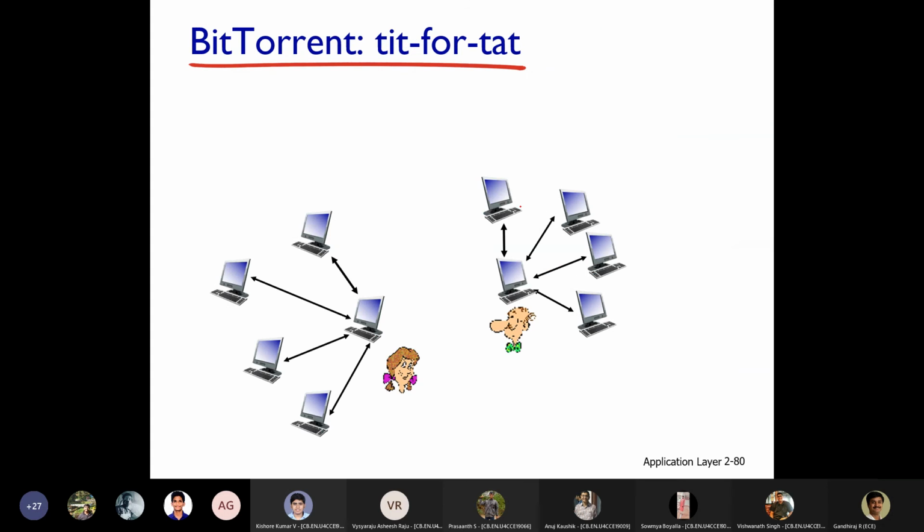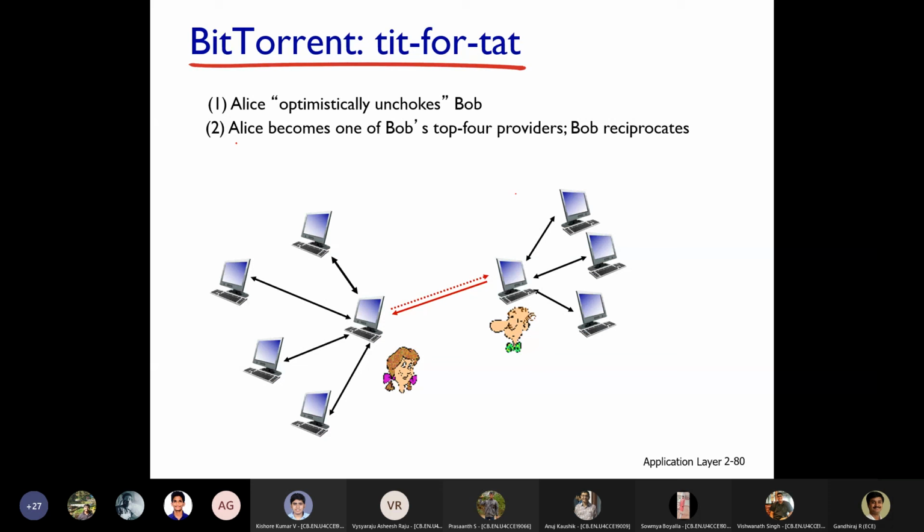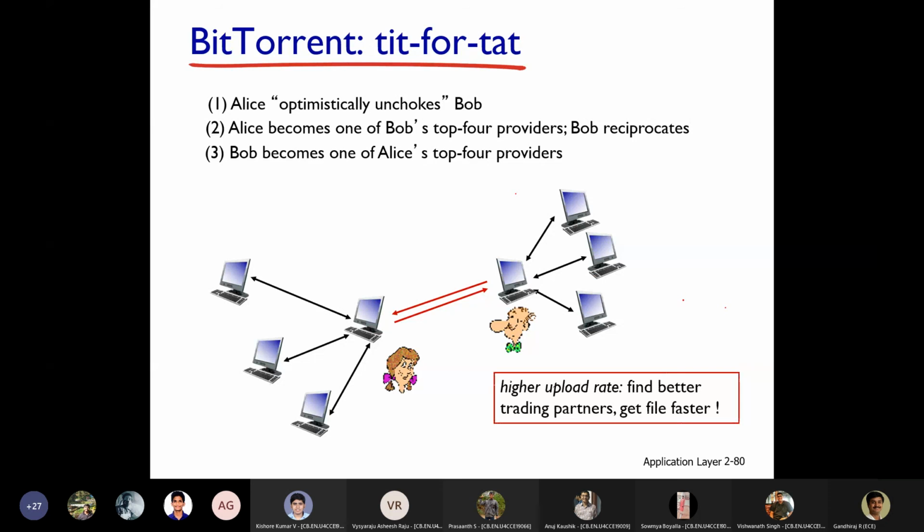Okay, BitTorrent. Alice optimistically unchokes Bob. Alice becomes one of Bob's top 4 providers if Bob reciprocates. I have already explained this, and all of you have experience with it. It is just explained here graphically.